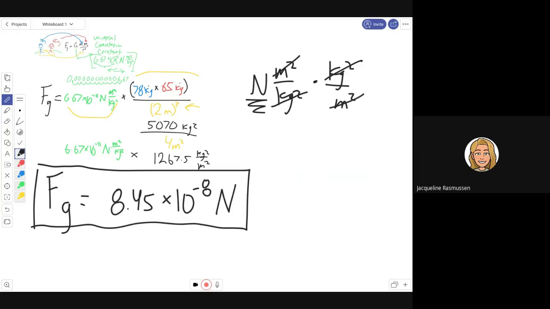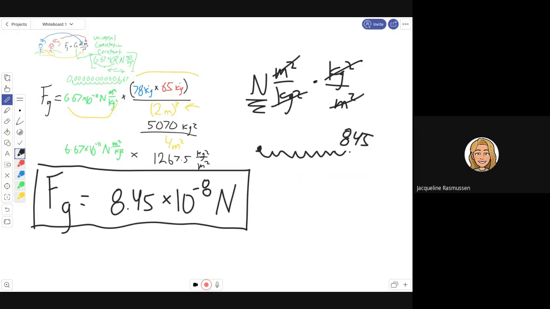So 8.45 times 10 to the negative 8, again, such a small number. Just to put that into context, that is going to be 845, and we're moving it from this spot 8 places to the left. So that means it's going to have 1, 2, 3, 4, 5, 6, 7, 8.